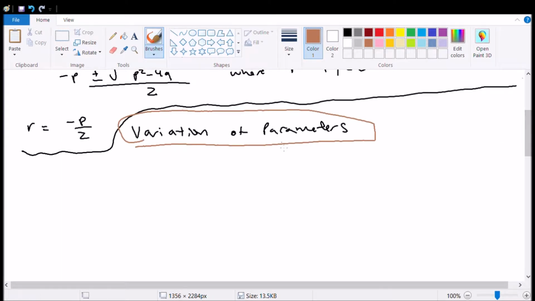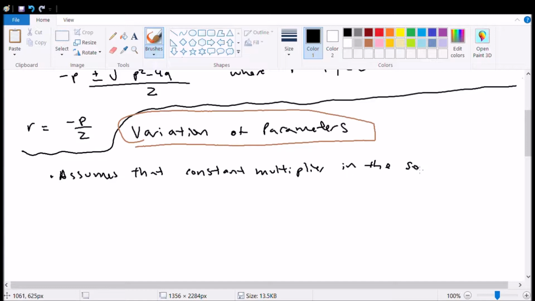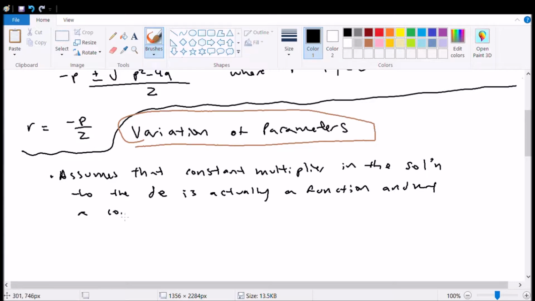Okay, so what variation of parameters does is it assumes that the constant multiplier in the solution to the differential equation is actually a function, and not a constant.